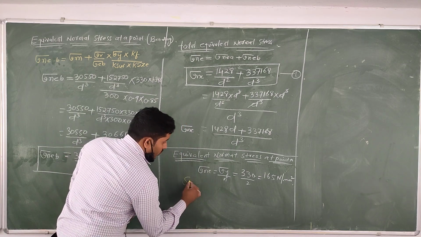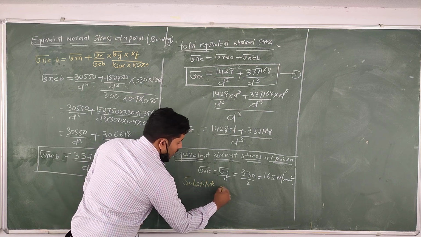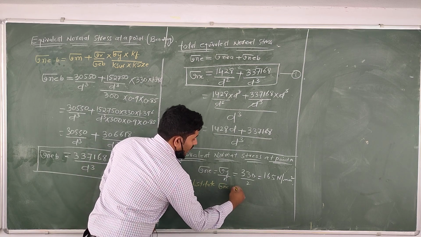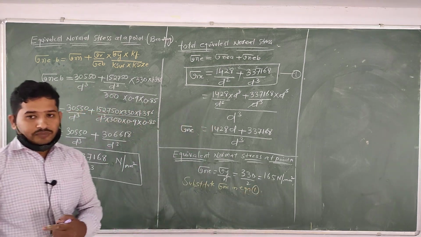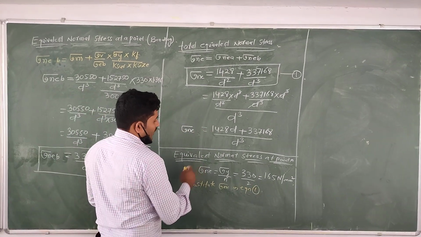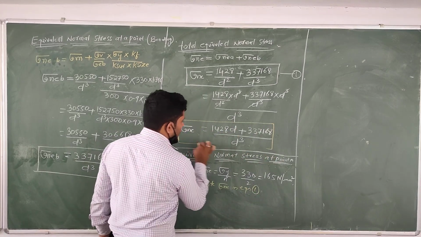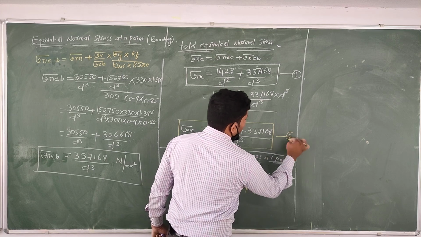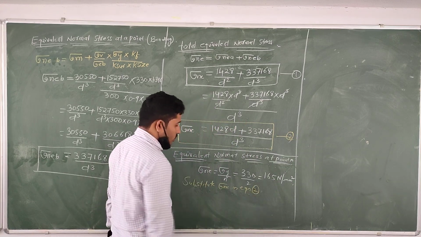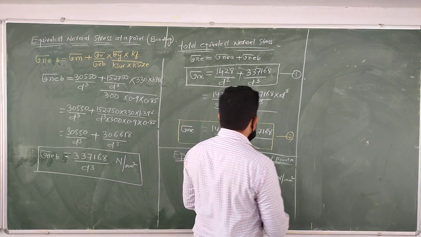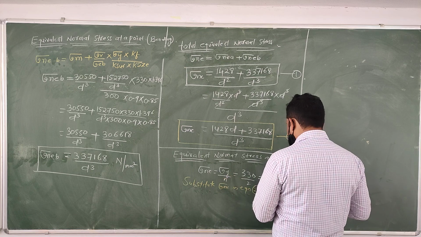Substitute sigma NE in equation 1. This one we consider as equation number 2. Otherwise you can substitute in equation number 2 also. Let us see. Sigma NE value, how much is that here?